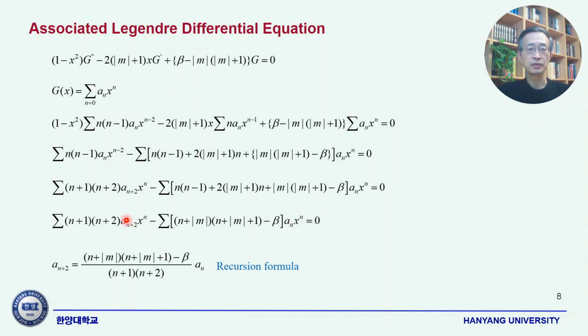So what you have here is that the coefficient up to n, a_n, is the same. So you can write a_(n+2) equals this times a_n. So this is the recursion formula. Then now you can have your function in the series form.